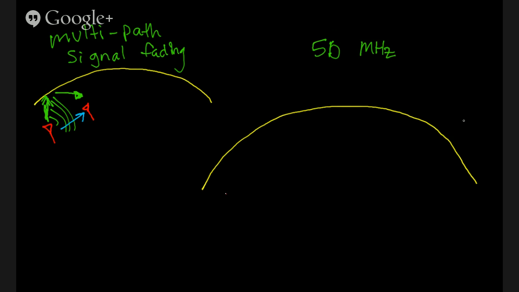Let's say we have our HF station here. For VHF and UHF, the atmosphere is transparent at those frequencies, so those just continue on forever and ever, traveling at the speed of light.